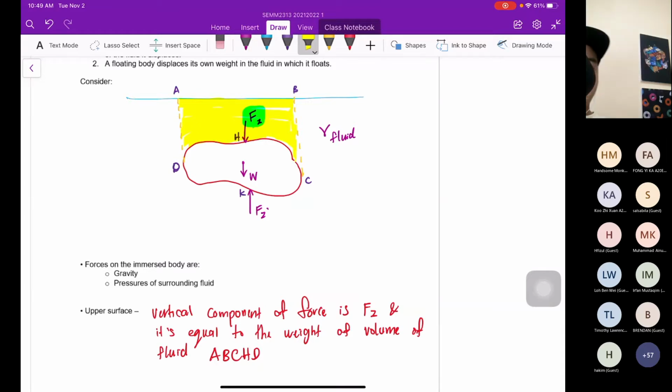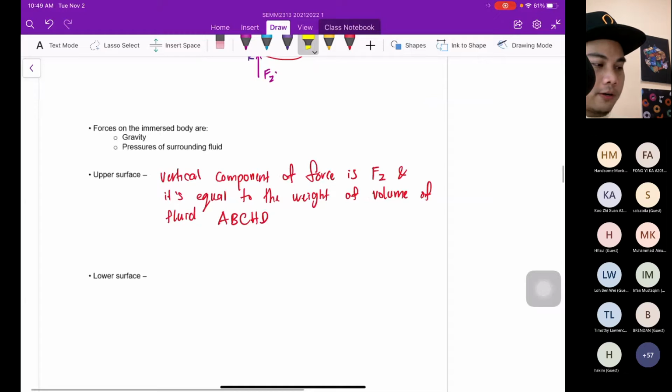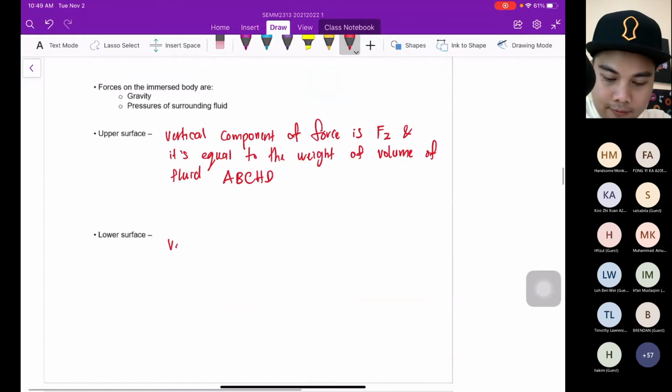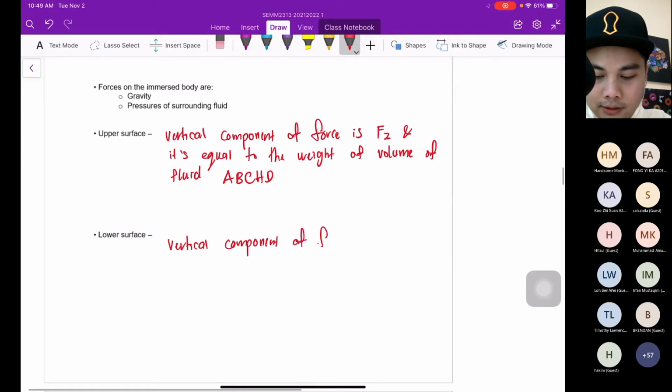Okay, understand here? However, for the lower surface, Fz prime, the vertical component of force is Fz prime. Yes, we know already.